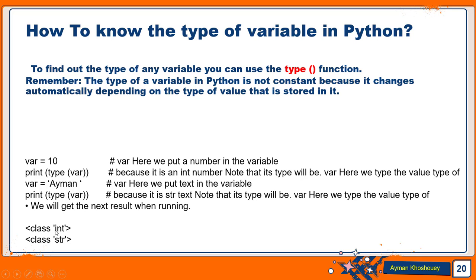You will get this result. The type returns greater than and the word class, putting the type between 2 quotes like this. This shows you the variable type of these 2 variables.